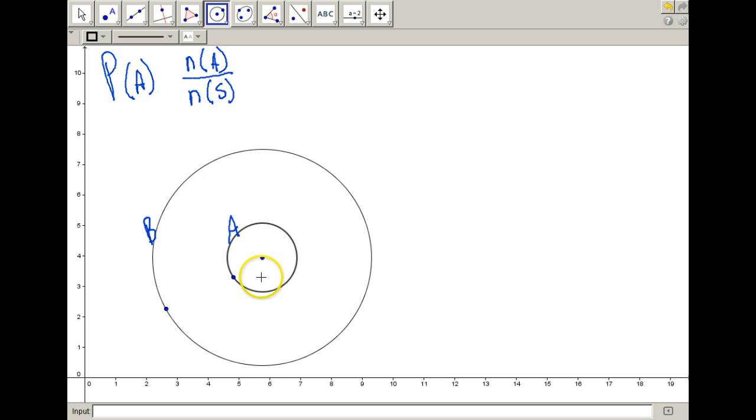The circle doesn't have any elements in it. Yes, there's a center, but that's not what this means. So when we're talking about geometric probabilities, we stop using the number of elements, and instead we just use the area of A over the area of the space. That kind of makes sense.